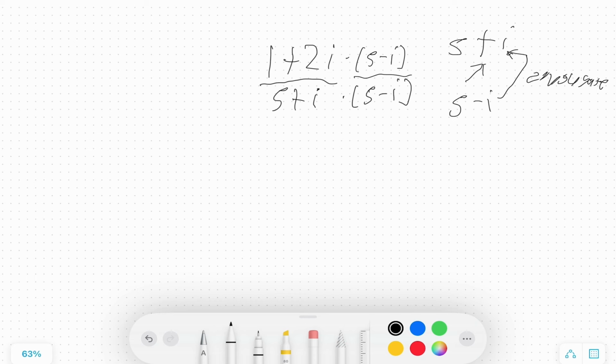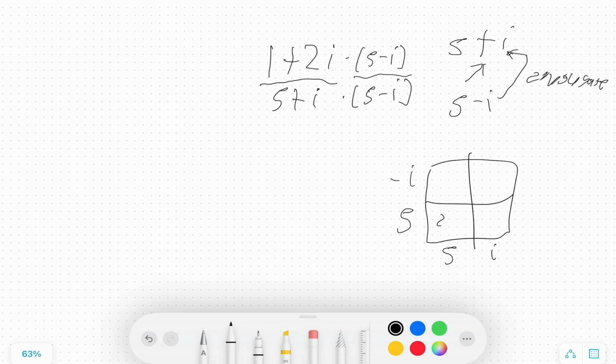We're not changing the value, we're just rewriting it. You can multiply this out however you want, with your FOIL method or your box method. I personally like the box method, but it's really up to you.